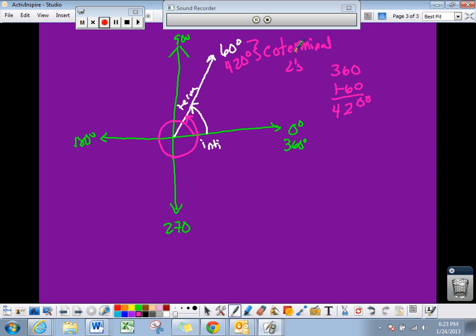Okay, so tonight you're going to look at how to basically go and find your coterminal angles. How do you find your coterminal angles? Basically, you wrap. That's all you're doing is wrapping. You just keep wrapping. So let's look at an example. 30 degrees.